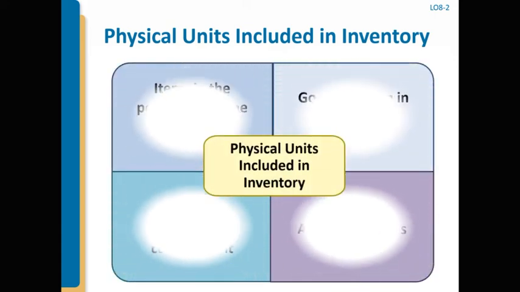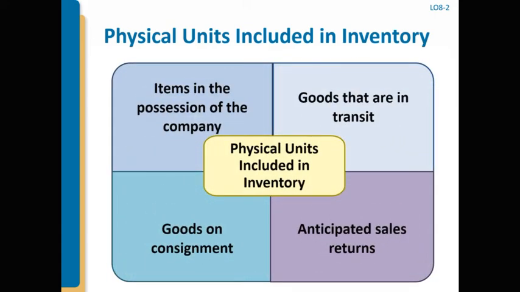Here is the thing. We need to be very careful about the physical units included in the inventory when we are counting the amount of inventory that we have in our stock. So we should be careful about goods that are in transit. In this case, we should be careful about free on board, that is shipping point, and destination.